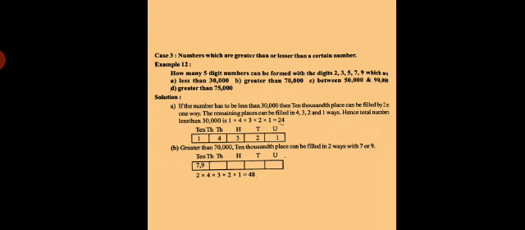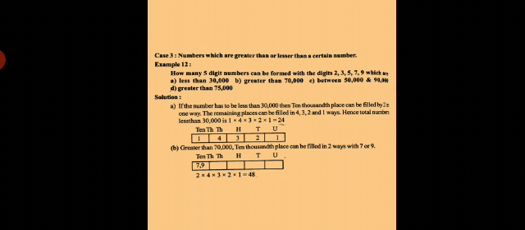Next case, numbers which are greater than or lesser than a certain number. For example, how many 5-digit numbers can be formed with the digits 2, 3, 5, 7, 9, which are?